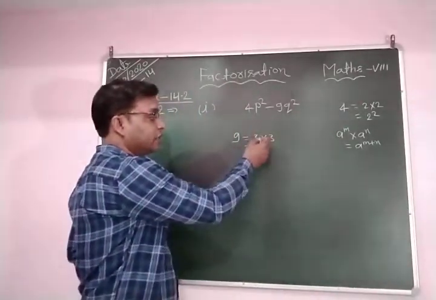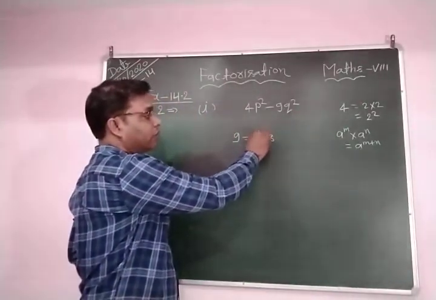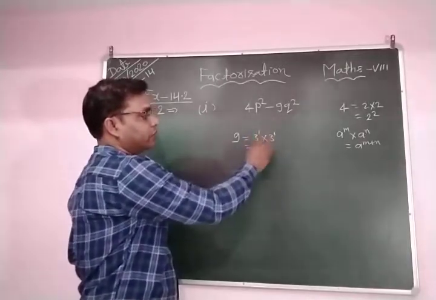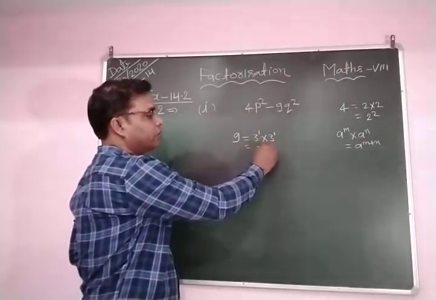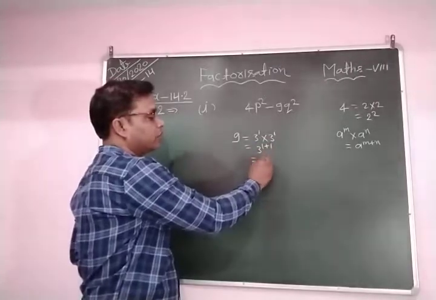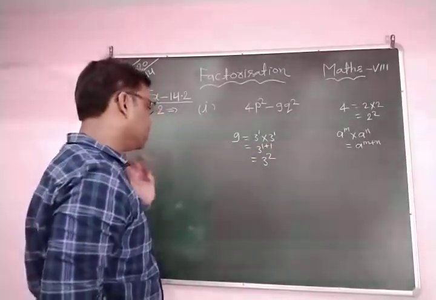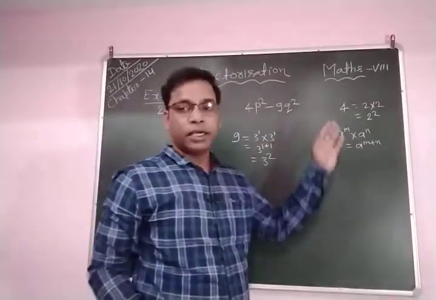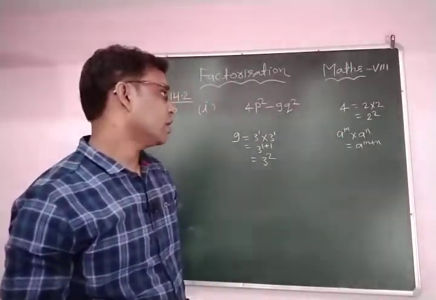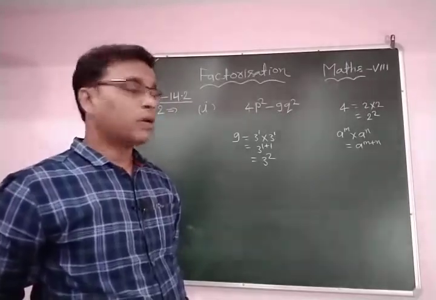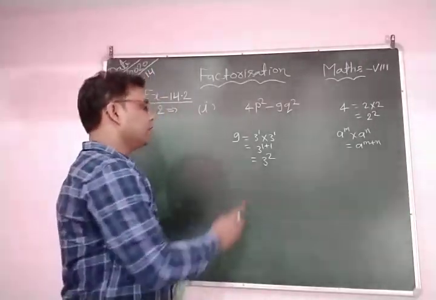So here we have 3 power 1 into 3 power 1, so you can write 3 power 1 plus 1. This is equal to 3 power 2. So we write 9 is equal to 3 power 2 and 4 is equal to 2 power 2.